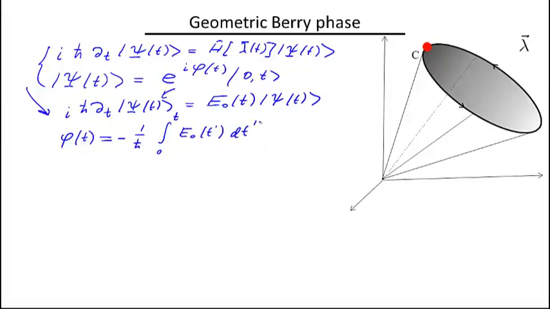Again, if the Hamiltonian did not depend on time, which in this picture would mean that lambda is just a point which stays there, I would just get the quantum phase being e to the minus i over h bar energy times time, which is the usual quantum phase that appears in stationary quantum mechanics. So here, instead, I may just go ahead and integrate from 0 to t.